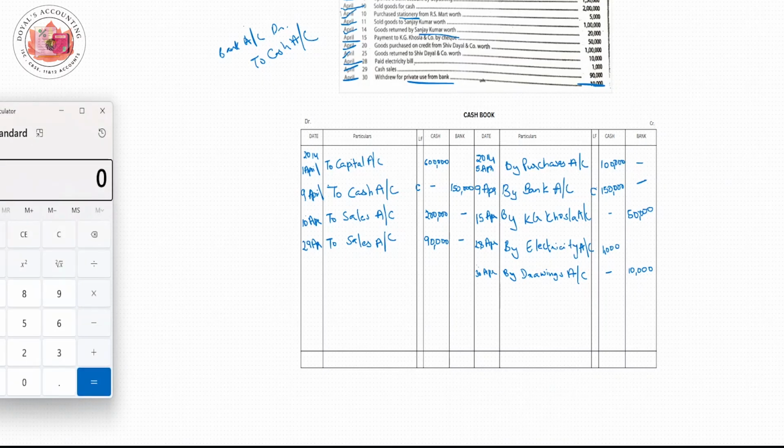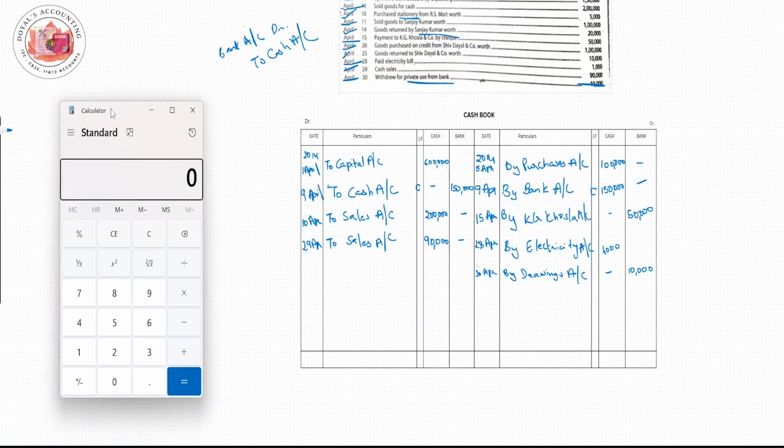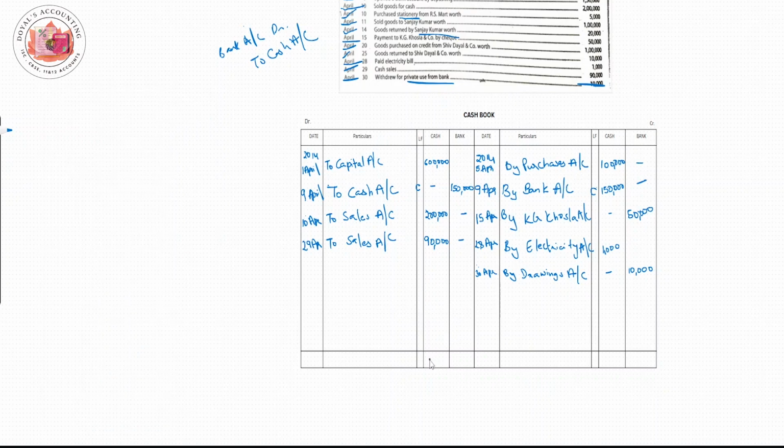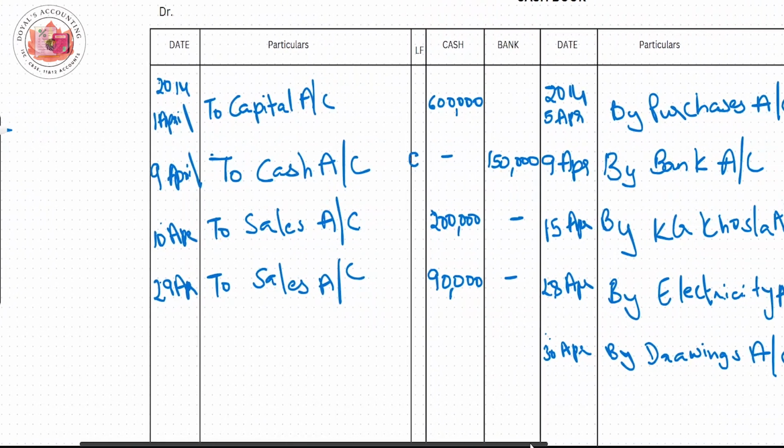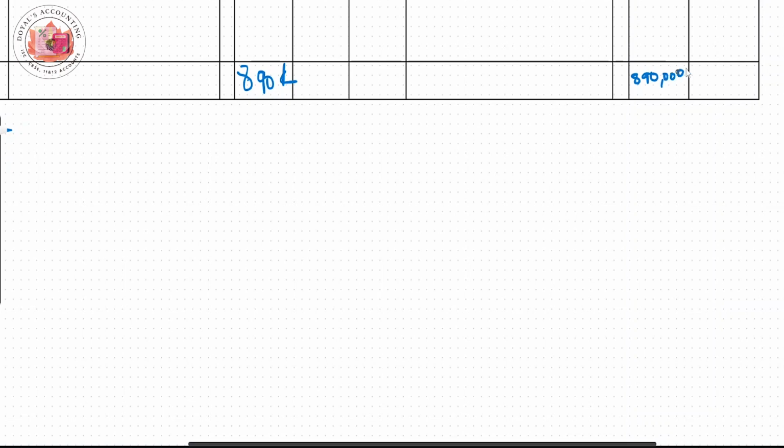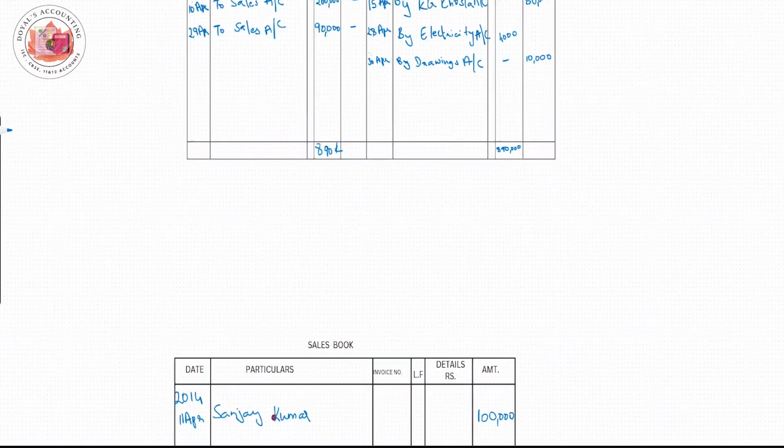Remember, to calculate the balances of the cash book and the bank book, we will calculate each separately, cash separately and bank separately. So 6 lakhs plus 2 lakhs plus 90,000 gives me a total of 8,90,000. So I will first write down my total here. And it is very obvious that this one is the higher of the two. 8,90,000 total.